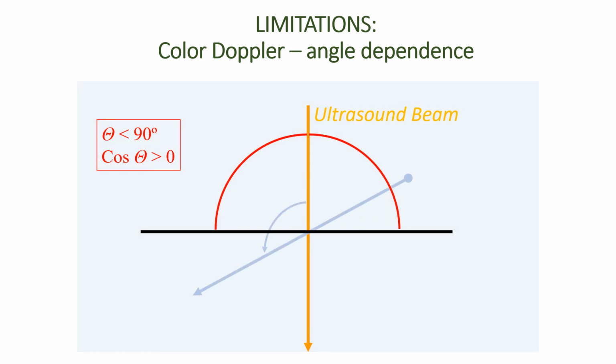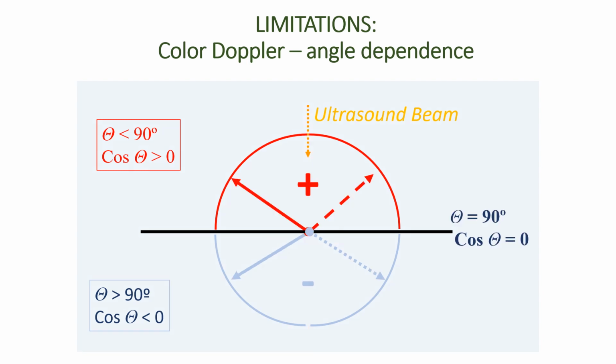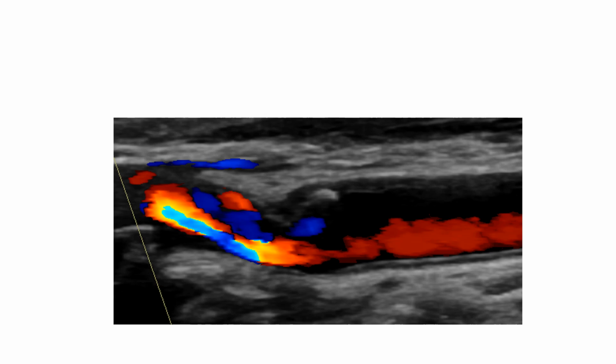When the blood moves away from the transducer, it is depicted as a negative part of the scale. If the flow is at a right angle to the ultrasound beam, the Doppler shift is zero and no color is assigned. This limits the ability of the color Doppler to image turning points of the vessel.